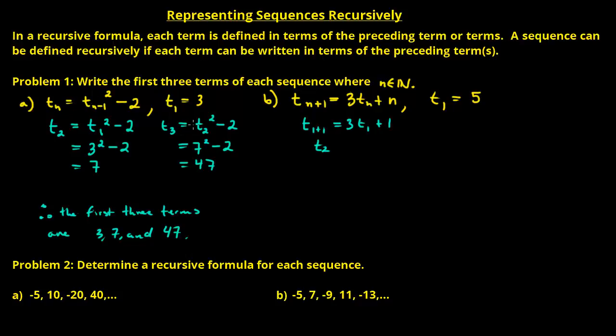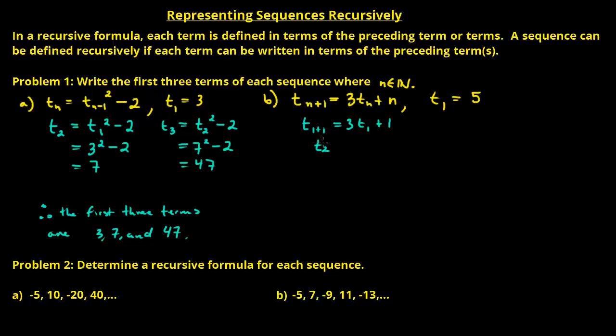I could make a change in the term numbers here, but I can just do the calculations based on the term numbers that I've been given. So if I plug 1 in for n, I've got t sub 1 plus 1, which is t sub 2, is equal to 3 times t sub 1 plus 1, because it's kind of like using function notation.